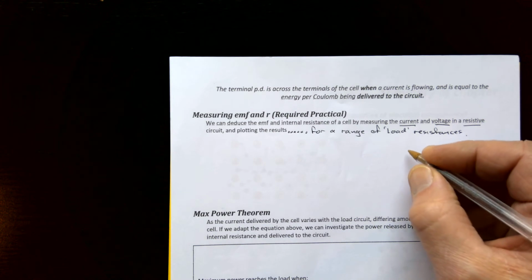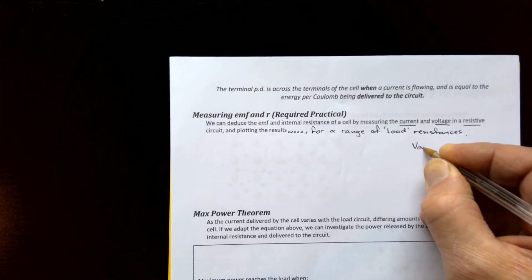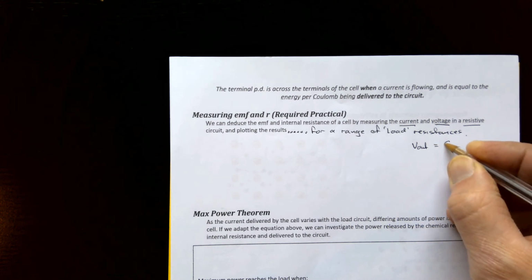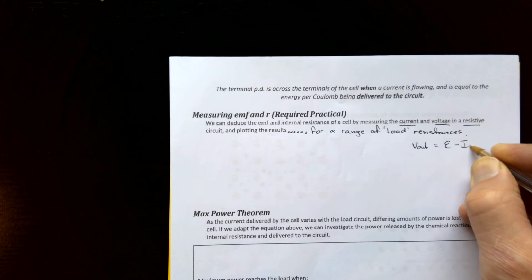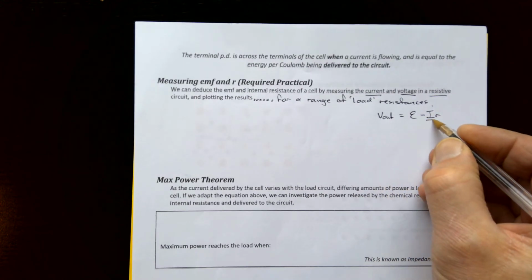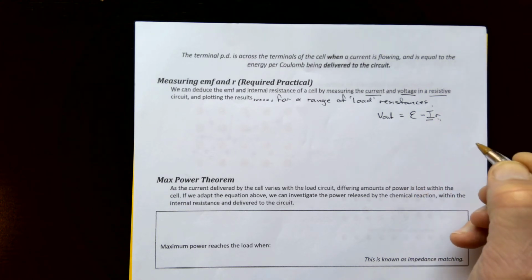So if I just take that, we've got, as I say, V out is going to depend on the rest. Okay, so I'm going to have epsilon minus IR as we had. I'm going to swap that around a little bit because that is going to depend on my variable there.